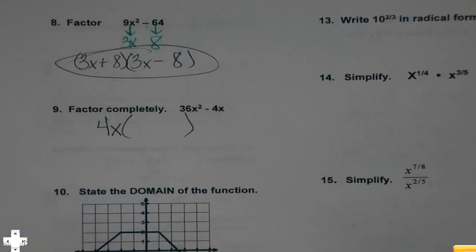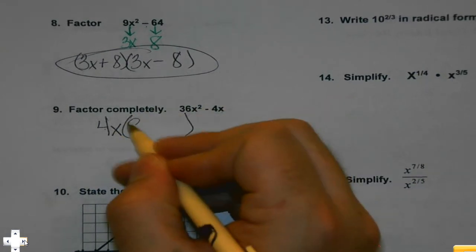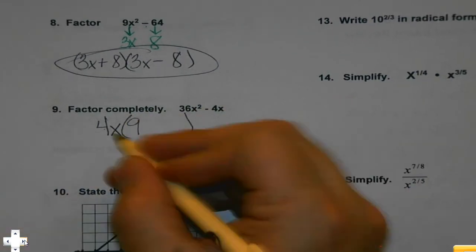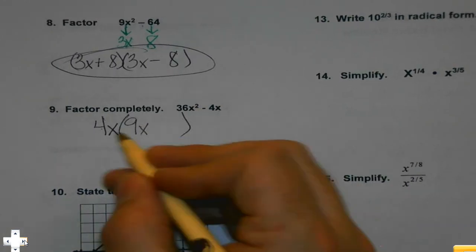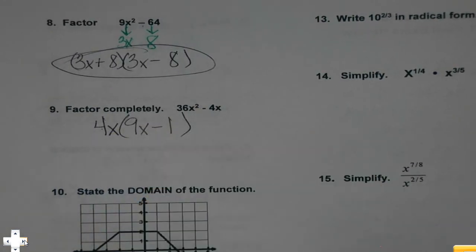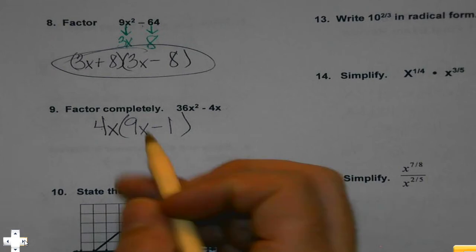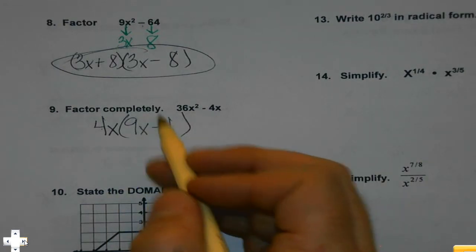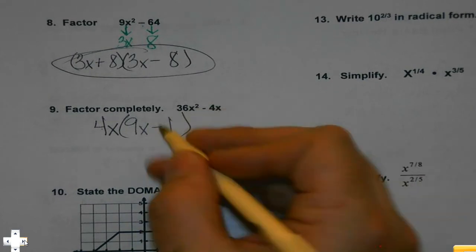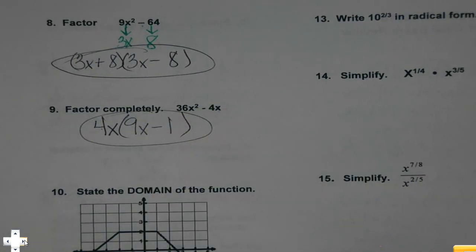What's left over then? 4 times 9 is 36. X times x is x squared. And 4x times -1 is -4x, to which the second issue that people have comes up. I'll have people then that want to break this down and do 3x plus 1, 3x minus 1, but there's one dilemma. There's no quadratic here. If there's no quadratic, I can't factor anymore. Be careful, I'm sneaky. Just saying.